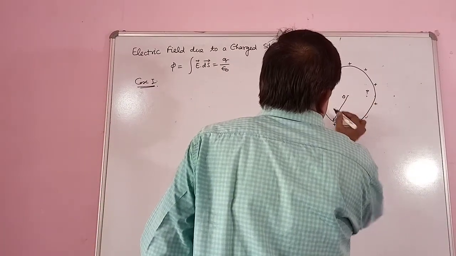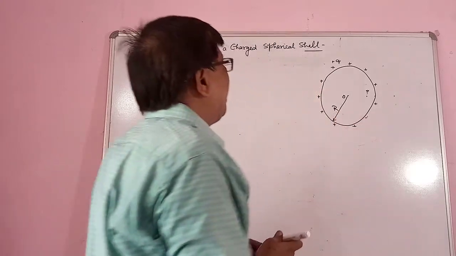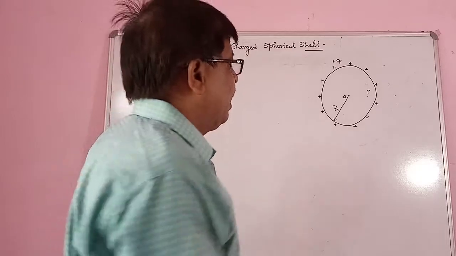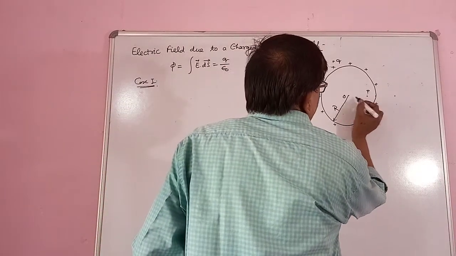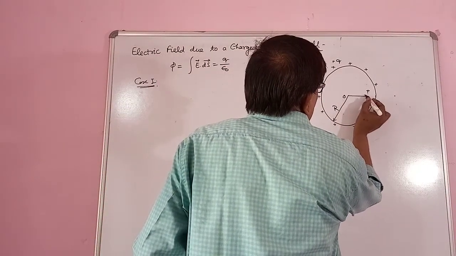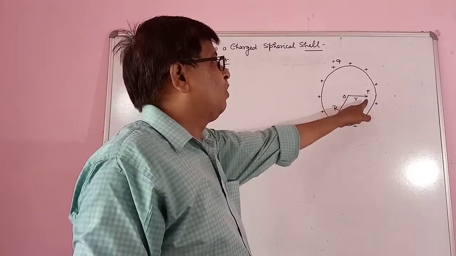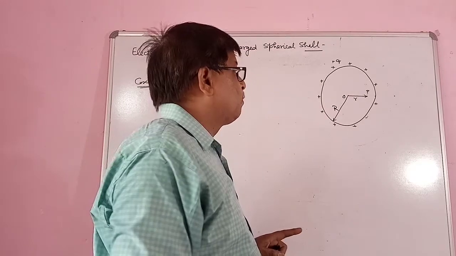Suppose capital R is the radius of this spherical shell and point P is at the distance small r from the center of this shell.